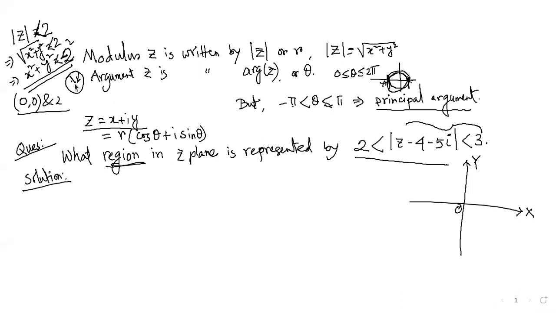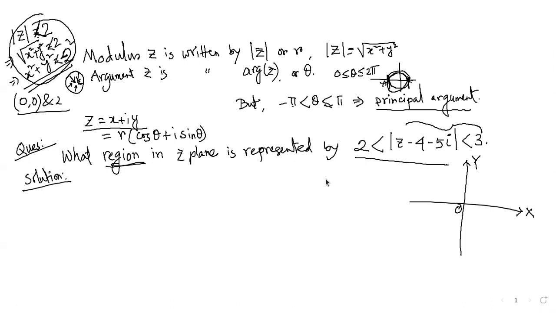All points inside the circle, not on the circle. If I use less than or equal to, then it includes the line also, but in this case only inside the circle, all points inside the circle. Okay, so we use this concept here.